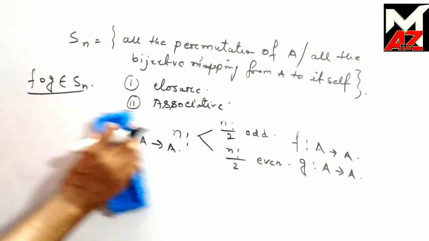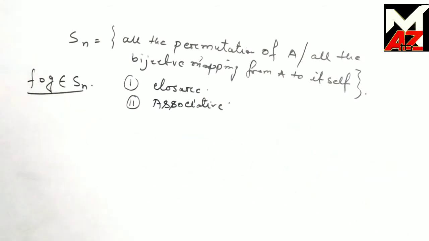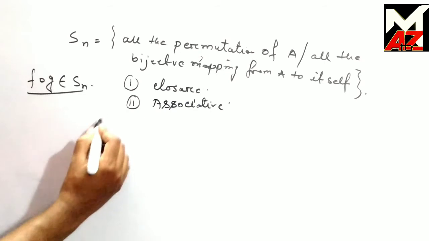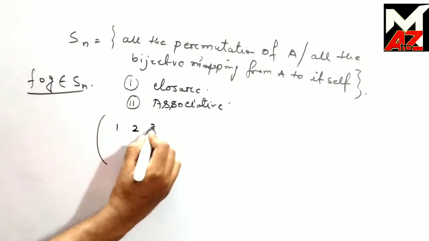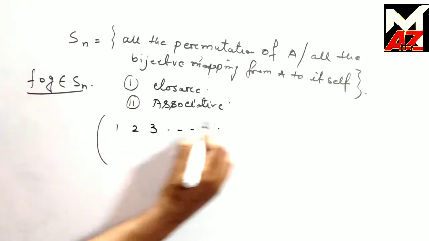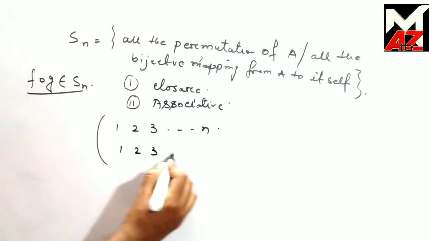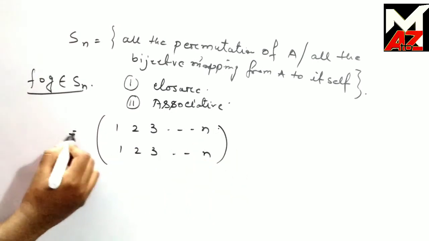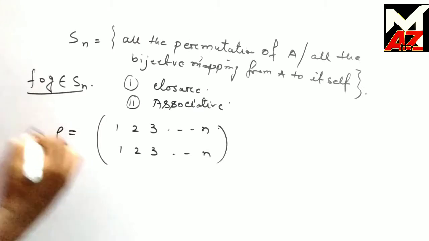Now, if we consider the identity bijective mapping, or the identity permutation, as 1, 2, 3 to n over 1, 2, 3 to n, we name this as rho 0.